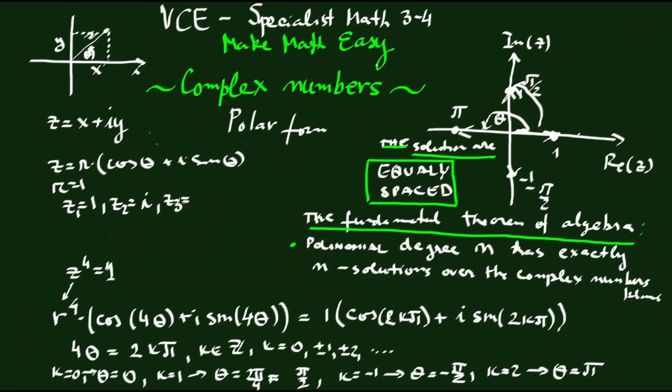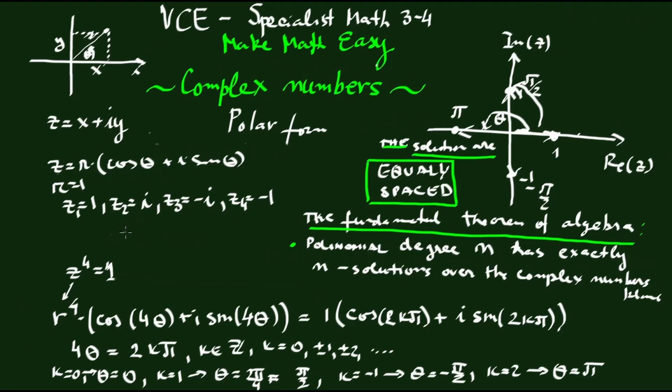Therefore cosine is 0, sine is minus 1 times I, minus I. And our last solution, z4, becomes when k is 2, it's pi. Cosine is minus 1, and sine is 0.